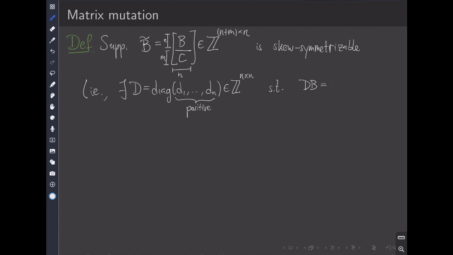So that this, dB transpose, is equal to minus dB.